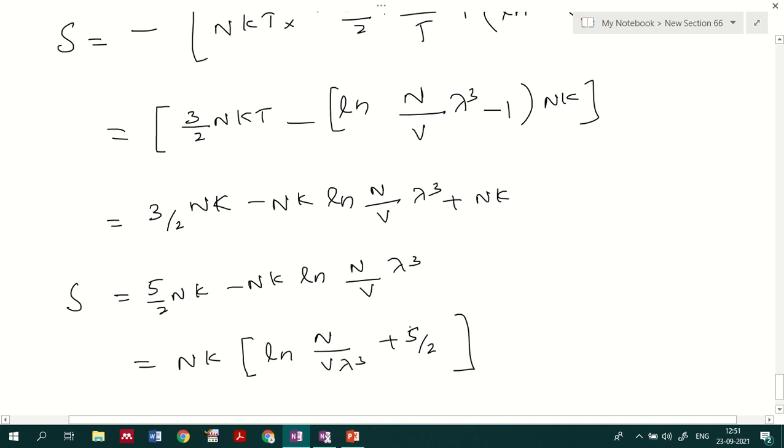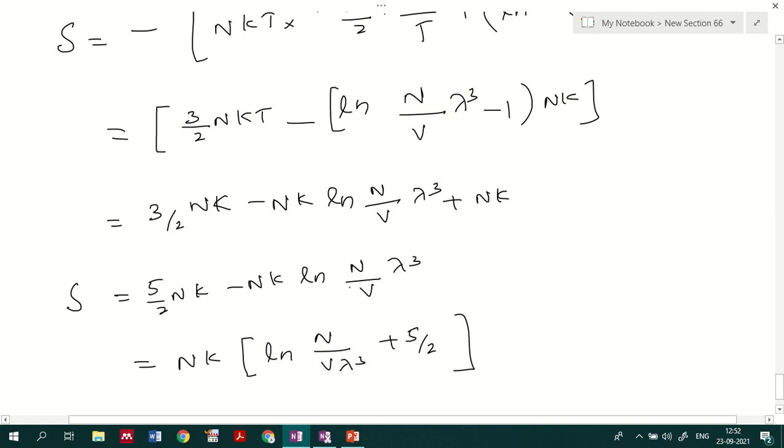Okay, so if I just rearrange this one, earlier it was n by v lambda cube representation.